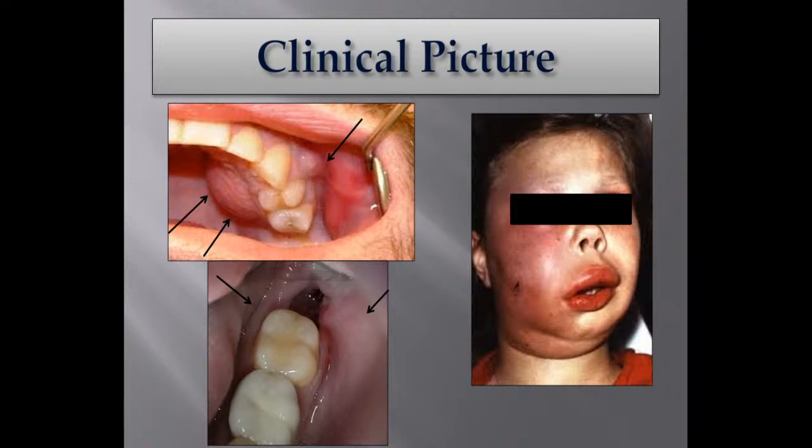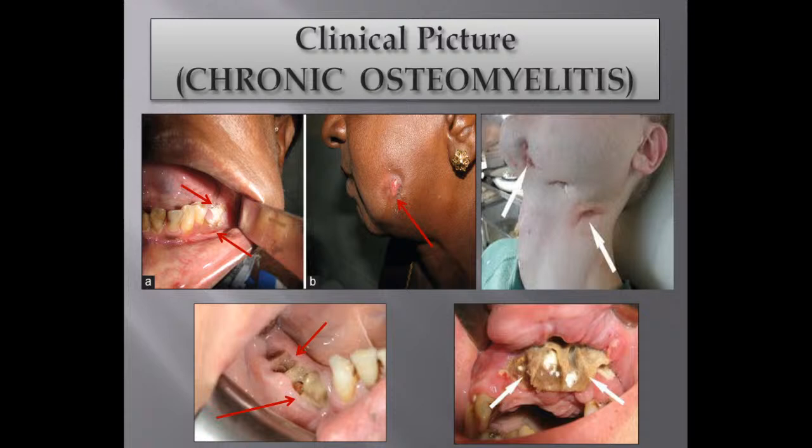And of course, it will be with a high fever or high temperature, up to 39 or 40, and you can see asymmetry of the face. And these are real photos of chronic osteomyelitis.